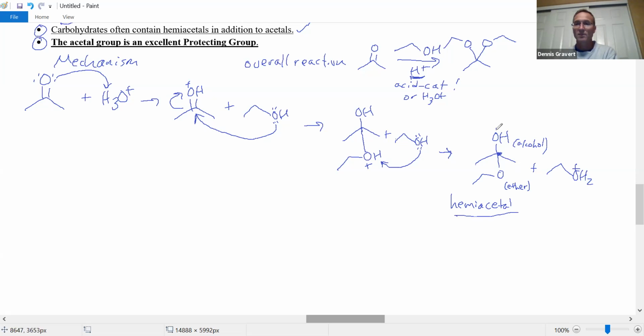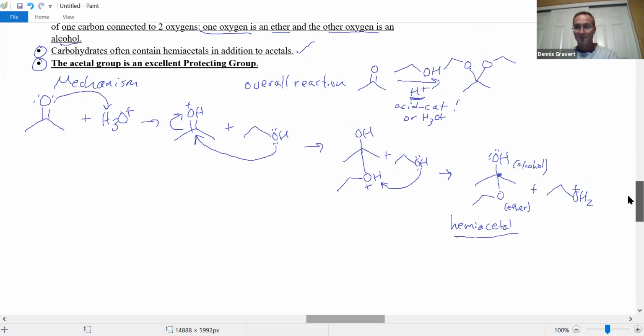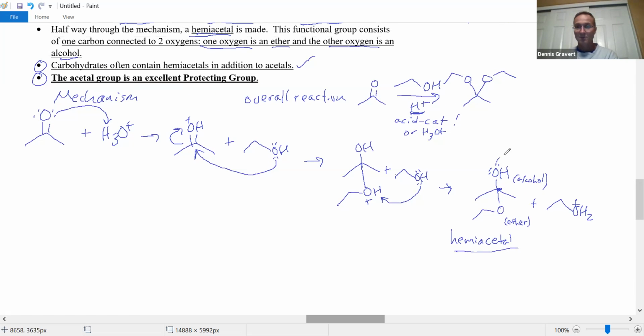So what do we want to do here? We want to go from a double bond O to a pair of single bond O's, but these O's come from the alcohol. These O's have carbon attached. This O doesn't have any carbon. So you need to leave oxygen, and you should leave as water, just like in the imine reaction. So the lone pair on the oxygen goes and grabs this extra H plus.